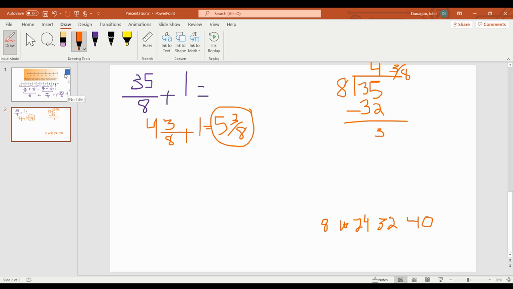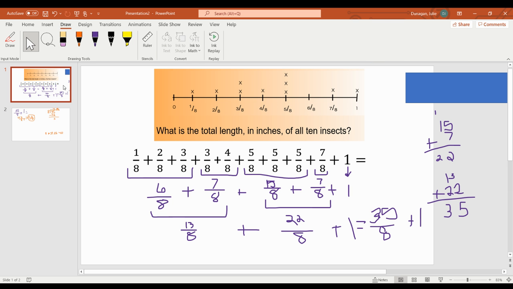Okay, so we go back to our first slide. And what would be the total of all 10 insects? Well, we said it was 5 3/8. And our label is inches.